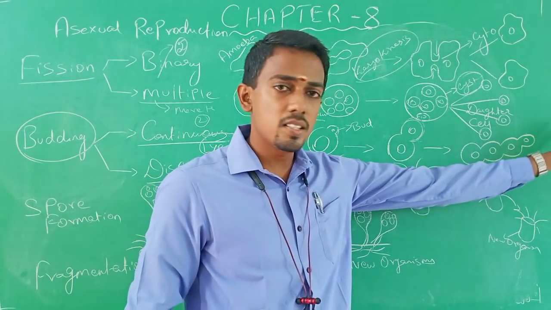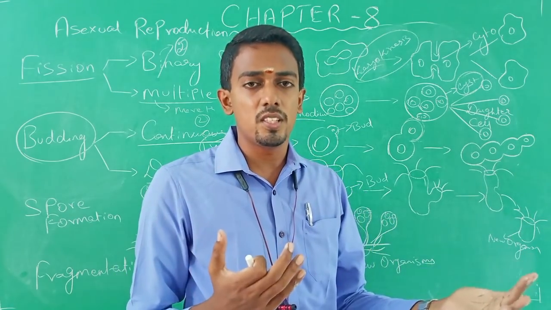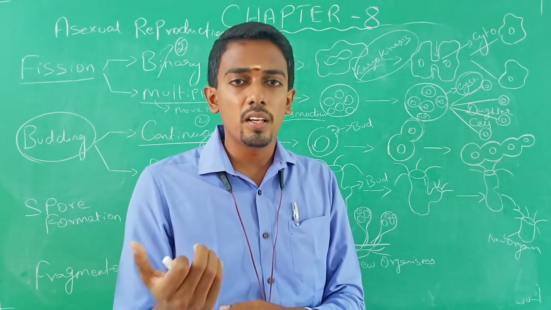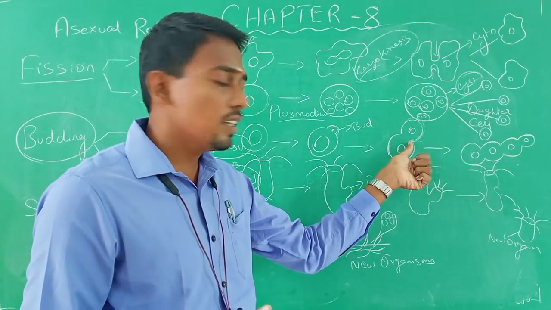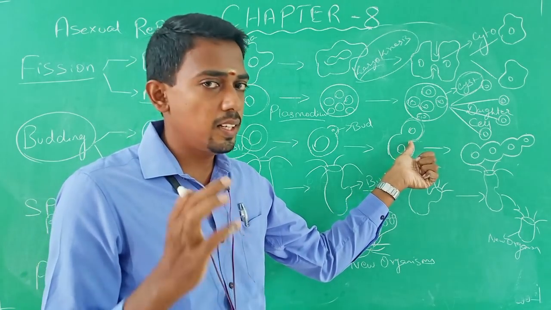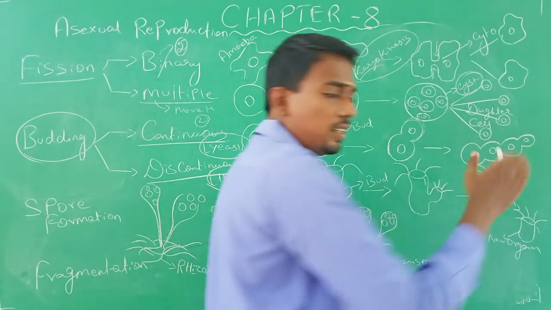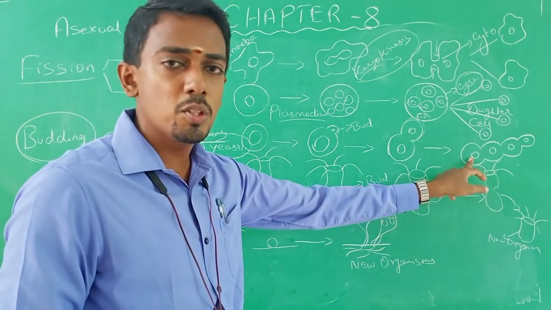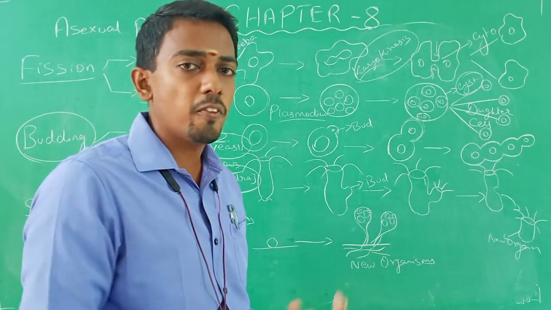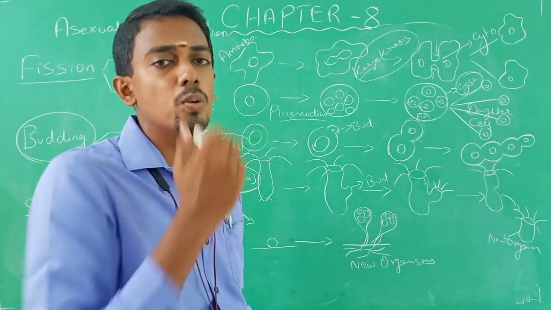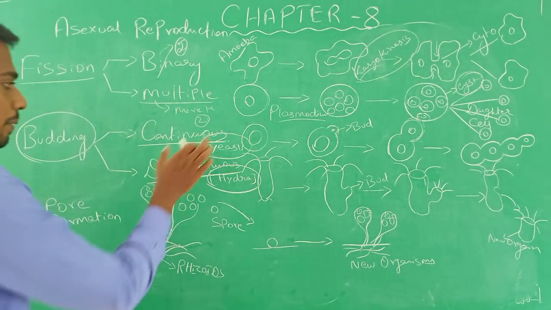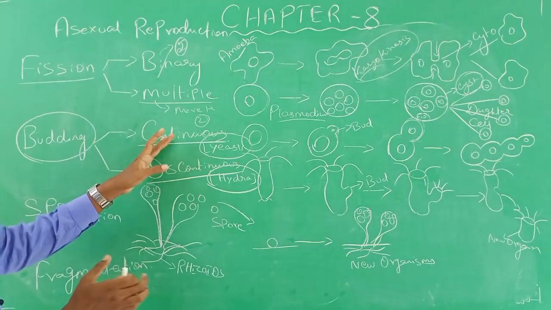Once the chain reaches a considerable size, it may break unevenly, not detaching equally into separate cells. Again telling you students, once the chain keeps growing, it may get detached, but not as individual cells. They get fragmented and keep growing as new organisms. Yes, this is all happening in yeast in a continuous manner.